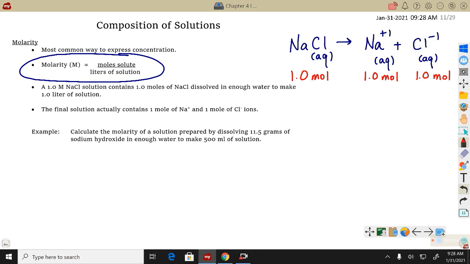Molarity is moles per liter, which means that if I measure by mass, which we always do in the lab, if I have 11.5 grams, I'm going to need to turn that into moles. So step 1, 11.5 grams of sodium hydroxide. Now, I know that sodium is a +1 ion. I can find that on my periodic table.